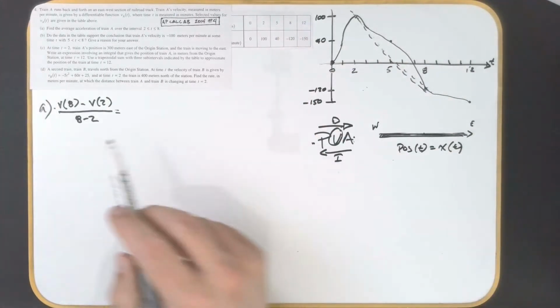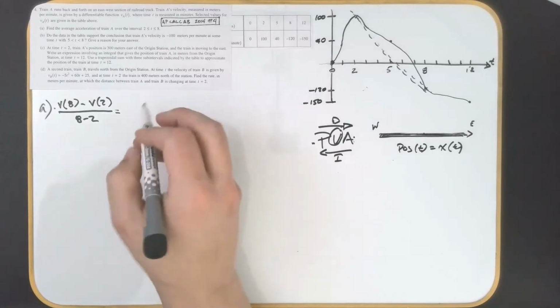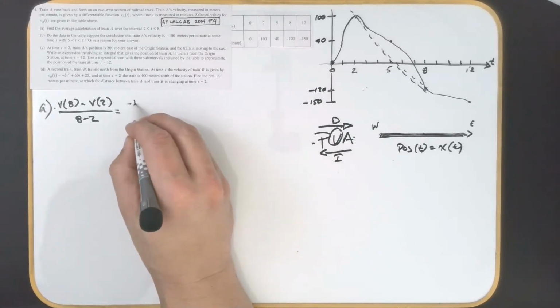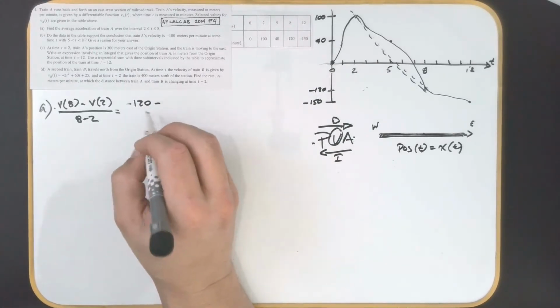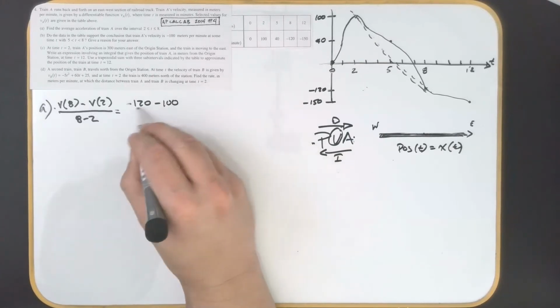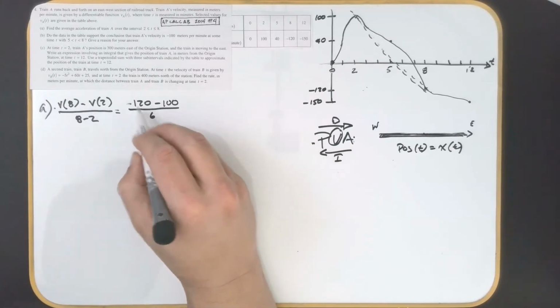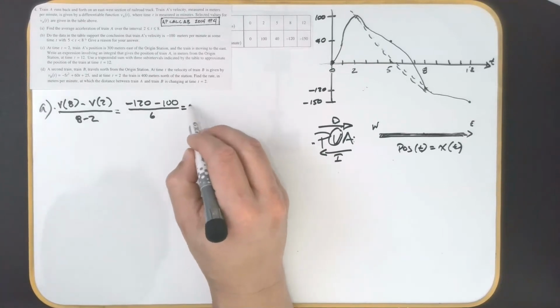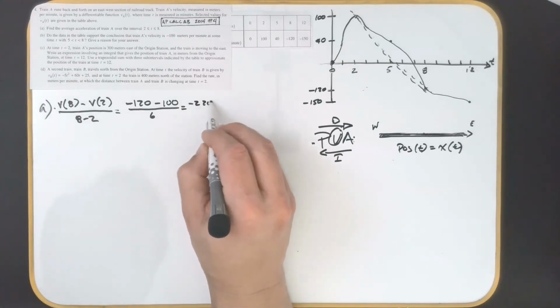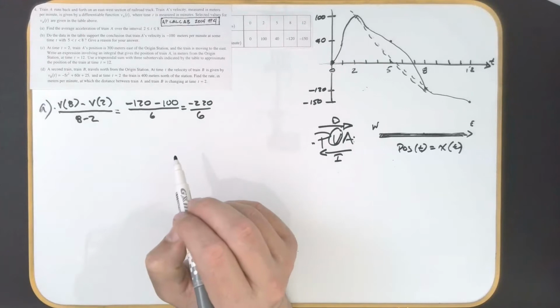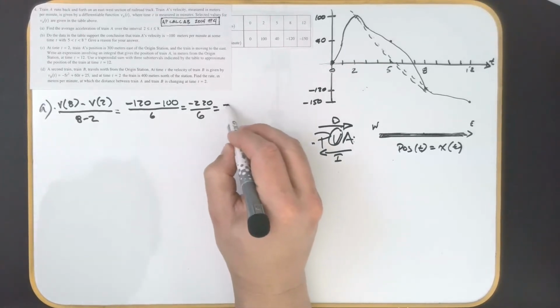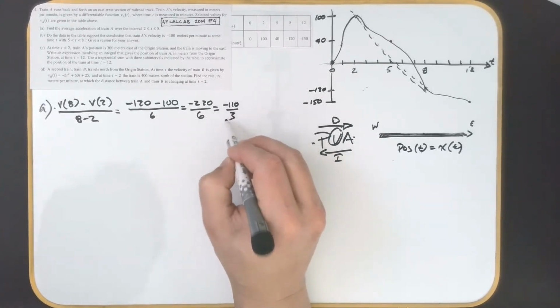And let's see, v of 8 was negative 120, and minus v of 2 is equal to 100, and then our difference on the bottom here is 6. So it looks like we get negative 220 divided by 6. 2 goes into both of those, and we get negative 110 over 3.